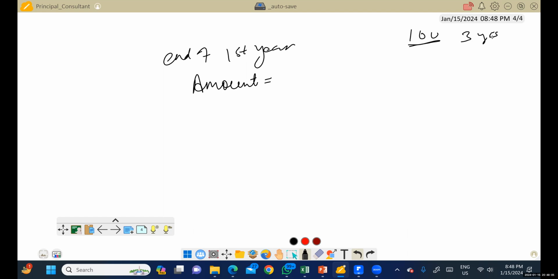First year, I'm just giving a number, maybe it'll take 20 rupees as principal, and next year it'll go on increasing the principal and add some interest to it. So every year, principal will be there, plus you have the interest, so that at the end of 3 years, you complete this amount.